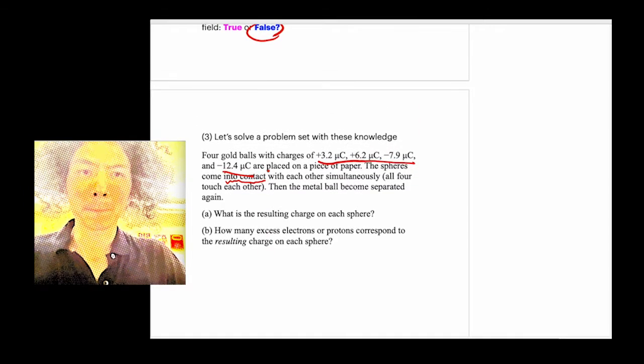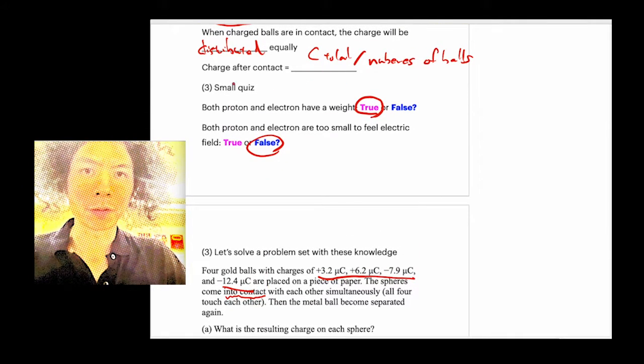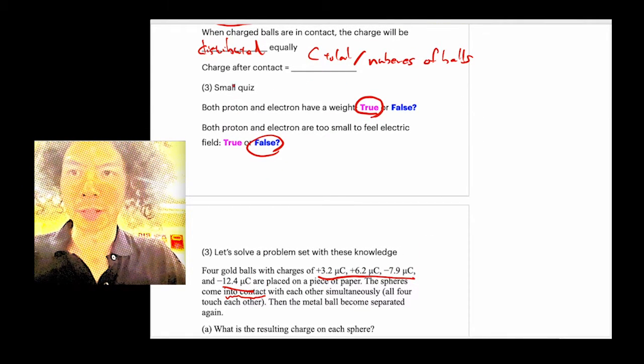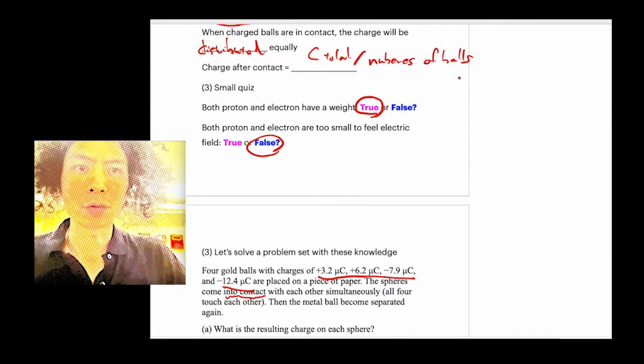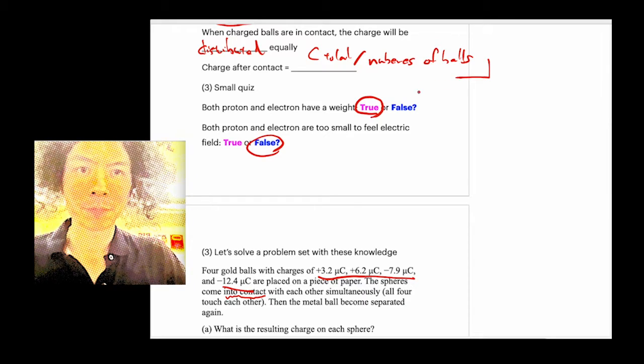Like I said, the charge is going to be distributed equally after contact. So the equation that you want to use is this one.